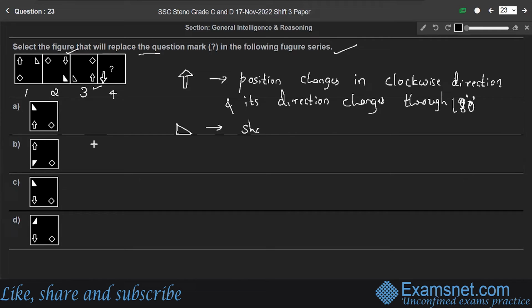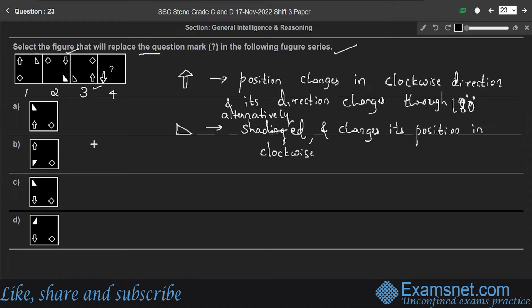So the triangle is alternately shaded and changes its position in clockwise manner. Therefore, in the fourth figure, its position has to be in the top left corner, and this should be shaded.